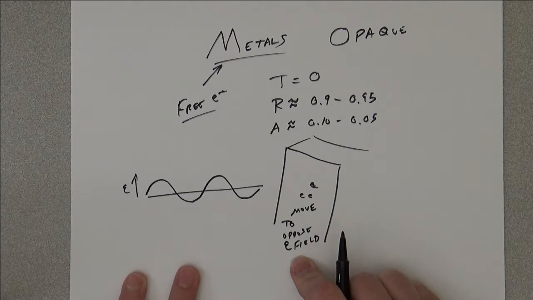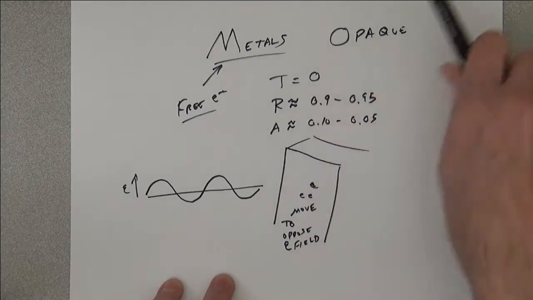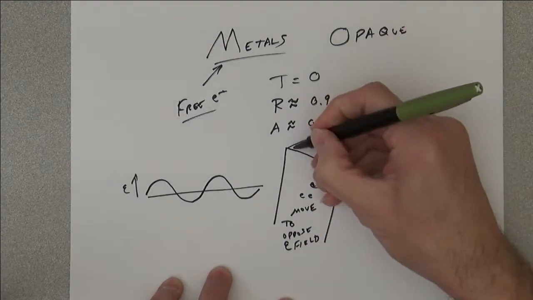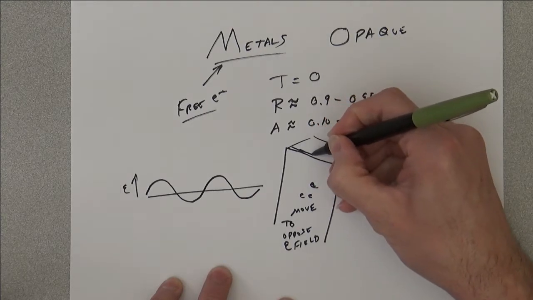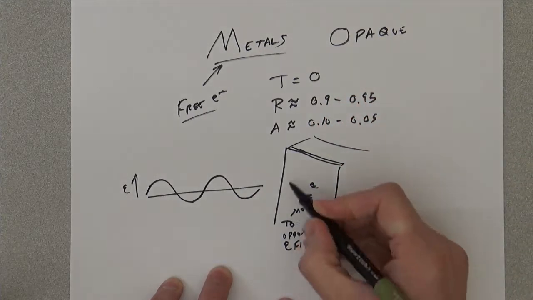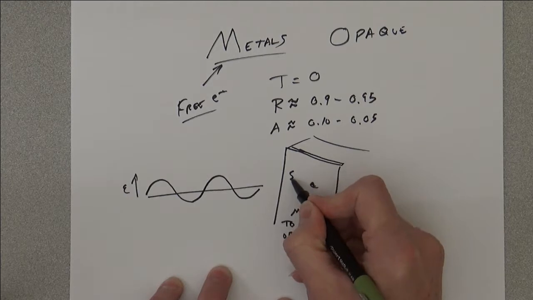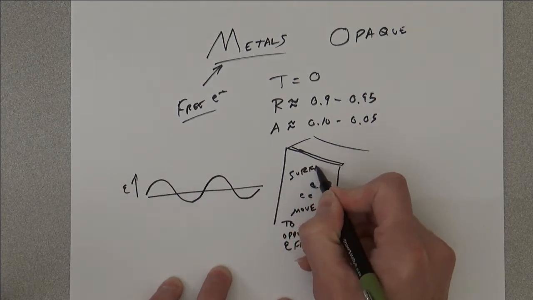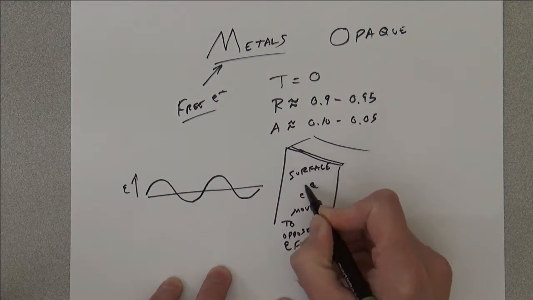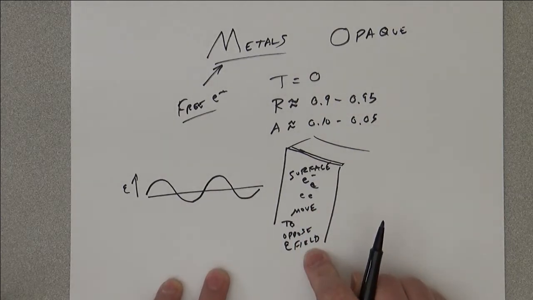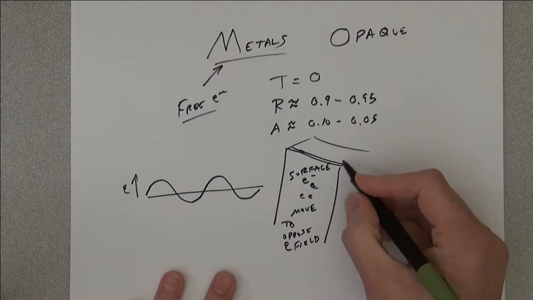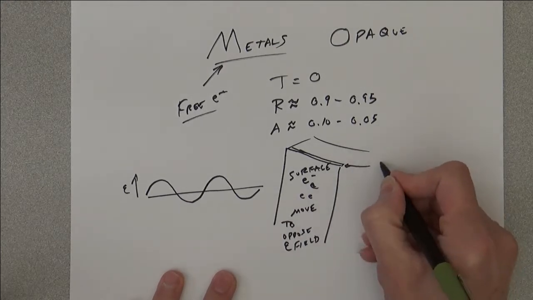And this is just on the surface. So call this surface electrons move to oppose the field. This can be called a skin effect.